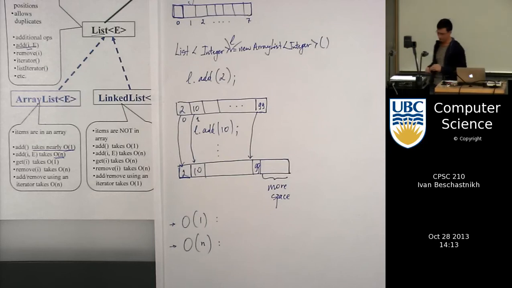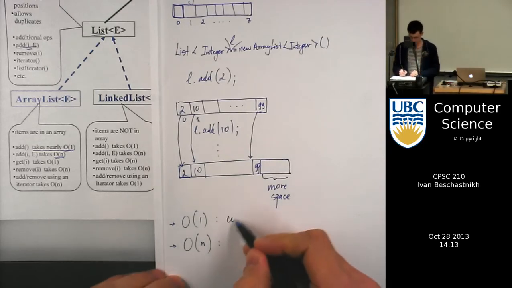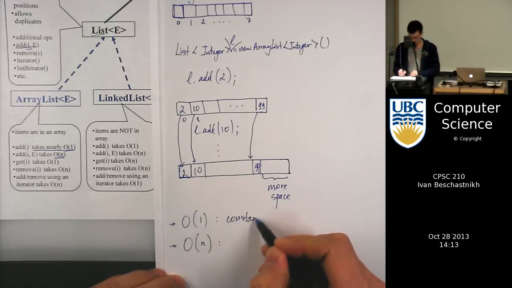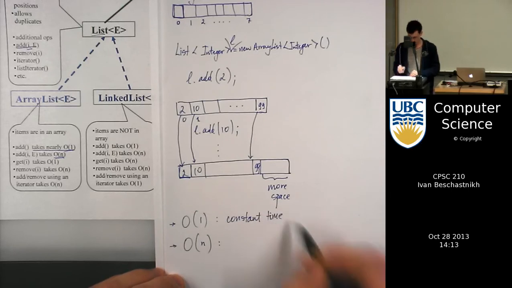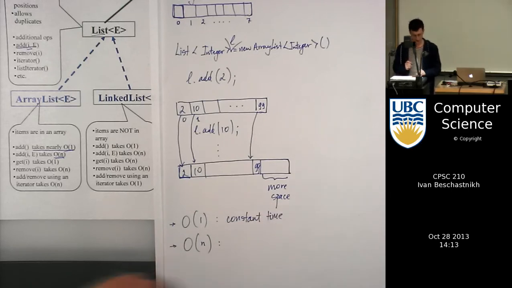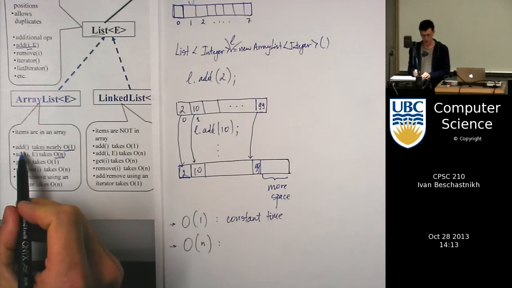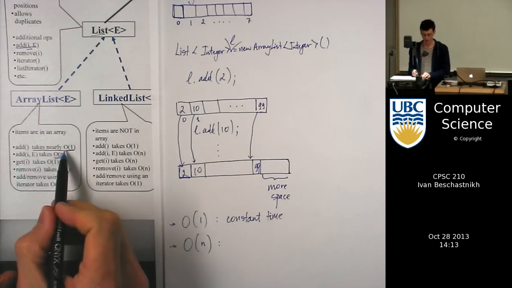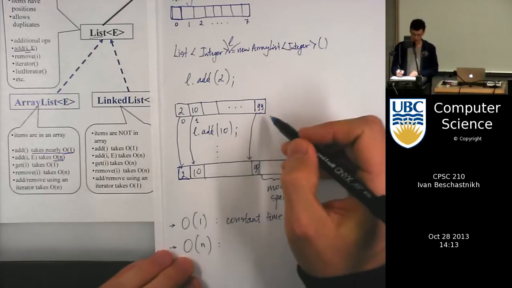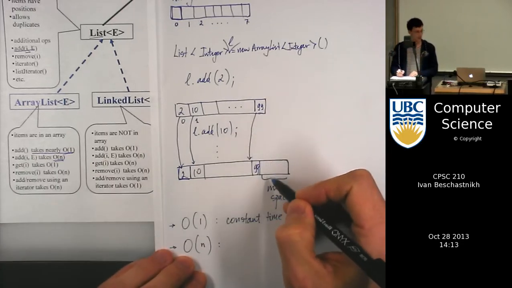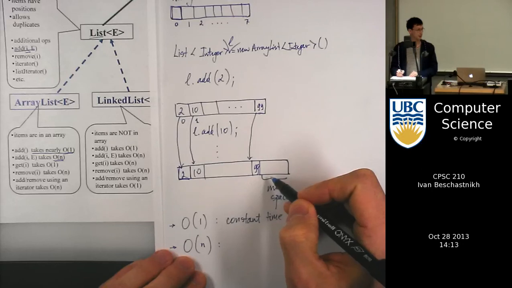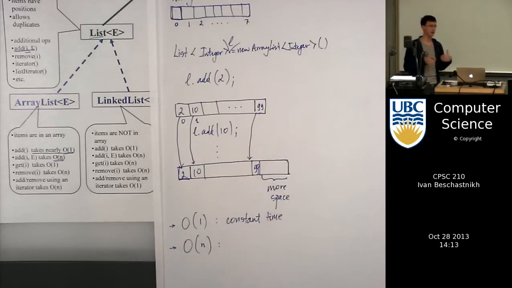So what we mean is that O of 1 is going to be constant time. So for example, my list.add operation for an array list takes nearly constant time. And what that means is adding a new number to my integer array list is going to be constant time, regardless of how large my array is and what it contains. So that operation is going to be fairly fast.